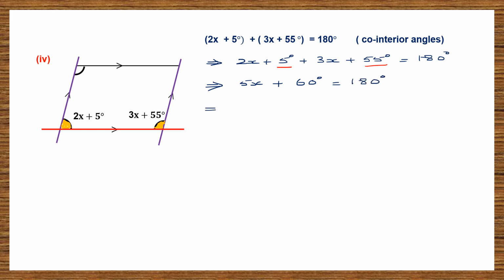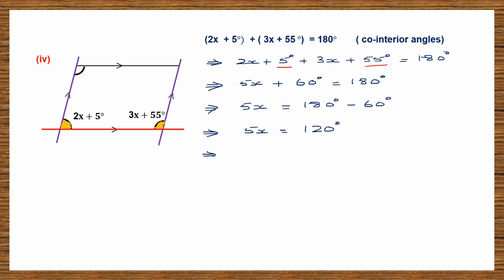So now we're going to find the value of only 5x. So I'm going to leave only 5x here. On the right hand side, I have 180 degrees. I'm going to transpose this 60 degrees from the left to the right. So it's going to become minus 60 degrees. Now 5x is equal to 180 minus 60 is 120 degrees.